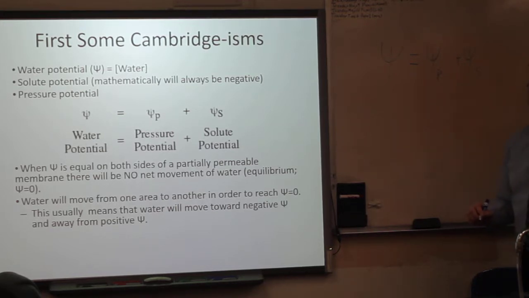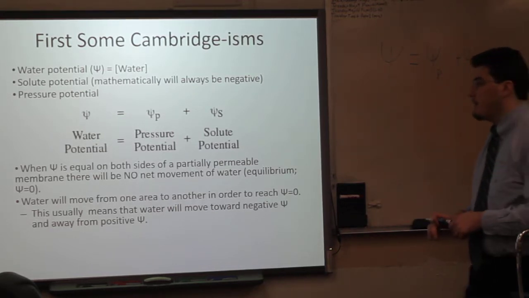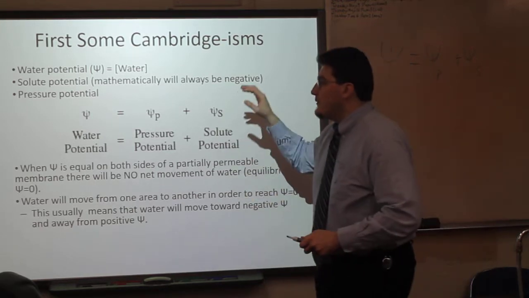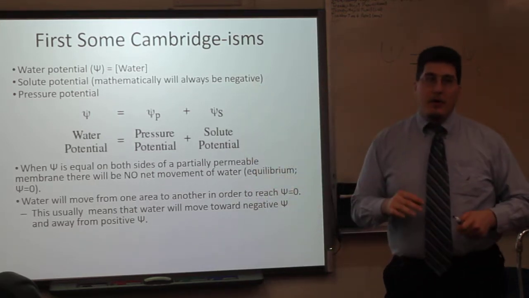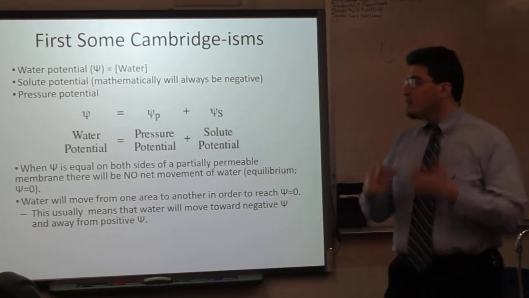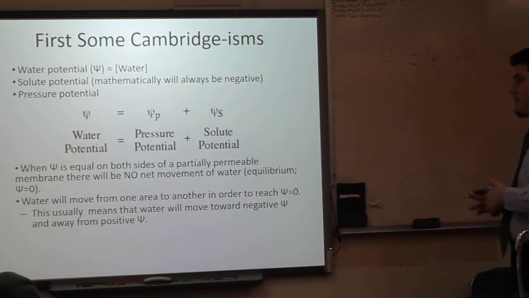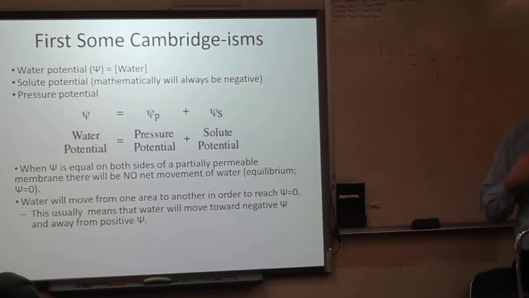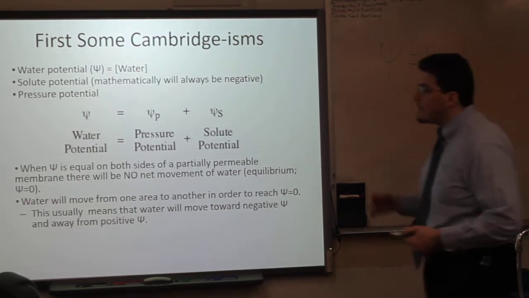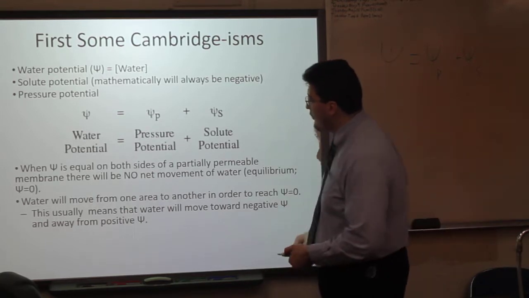Now, when psi is equal on both sides, we're going to call that equilibrium, psi equals 0. Water is always going to be moving to reach equilibrium. So we're always going to go from an area of high water potential to an area of low water potential.